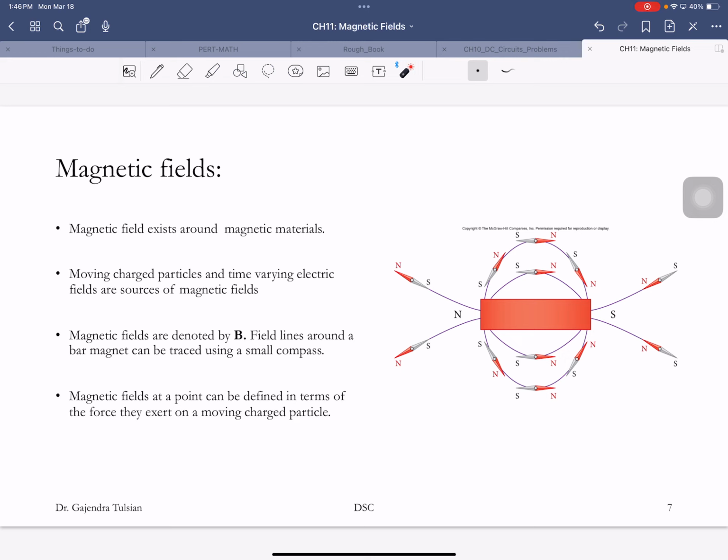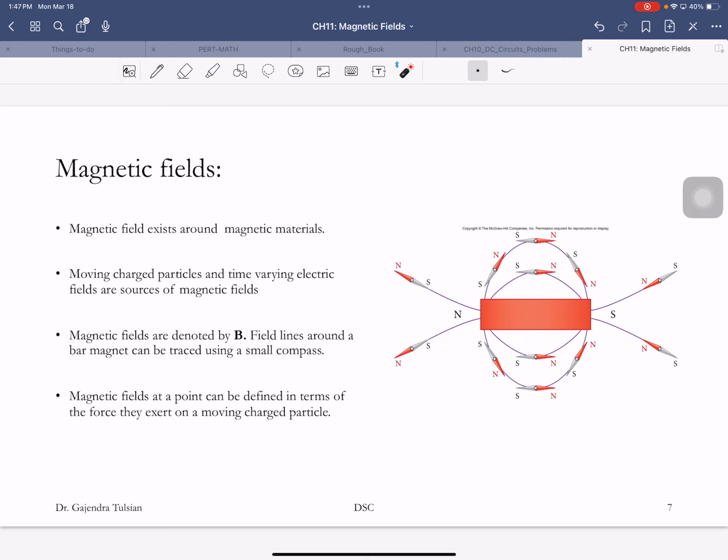In most materials, all electrons spin, and all electrons act like a magnet. They're charges in motion. In materials where the magnetic moments don't cancel, you'll see magnetism in bulk.